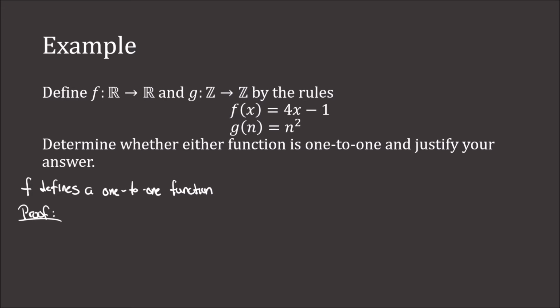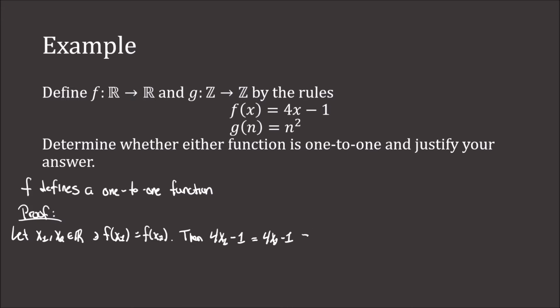And the proof is pretty straightforward. This is an algebraic proof. So we say let x1 and x2 be real numbers such that f of x1 is equal to f of x2. The goal is to show then that x1 has to equal x2. So if this is the case, then 4x1 minus 1 has to equal 4x2 minus 1.